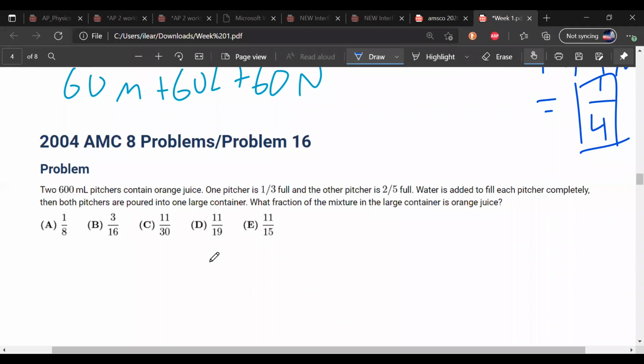So now I want everyone to try to solve this problem on their own. We just went over several problems involving fractions and solving problems using fractions.